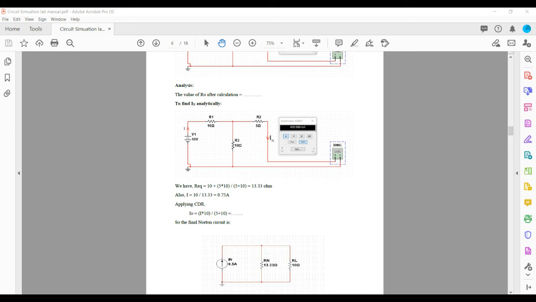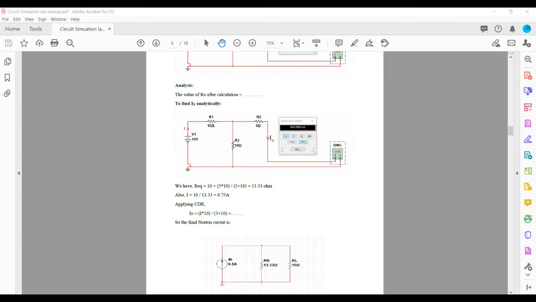Since R2 and R3 are in parallel, 5 into 10 by 5 plus 10 plus R1, which is 10, gives 13.33 ohms. So the equivalent resistance is 13.33 ohms, and this current I should be 10 volts divided by the equivalent resistance, which gives 0.75 ampere.